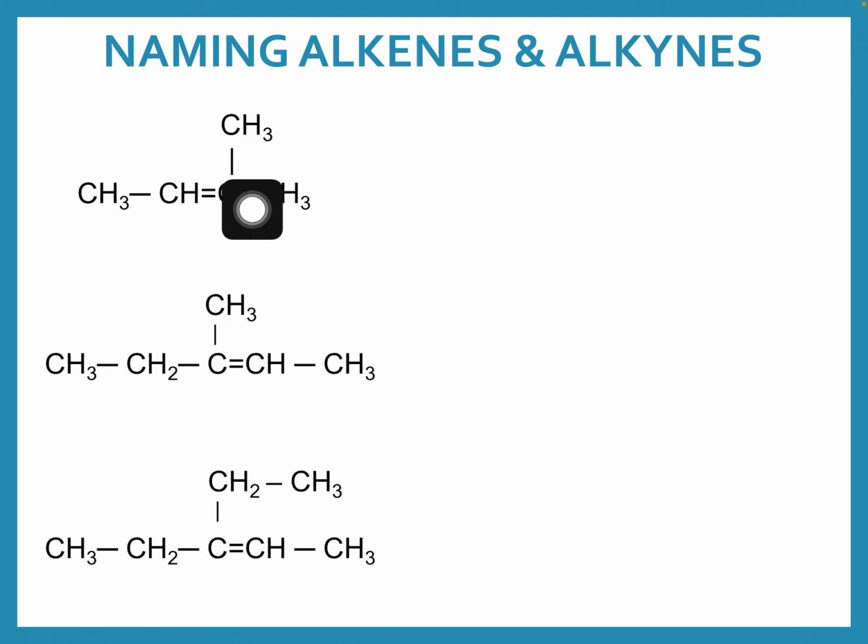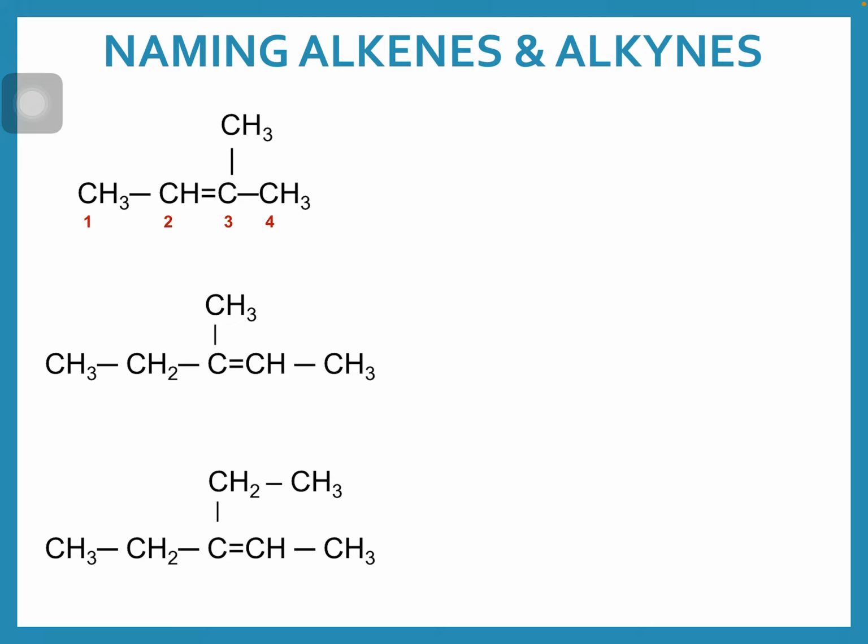So in that case, we are going to look to our substituent and we're going to number from this direction to give this the lowest number possible. Once again, only because our double bond is in a location where the numbering is the same from either end. So in that case, we're going to make our methyl group the lowest.